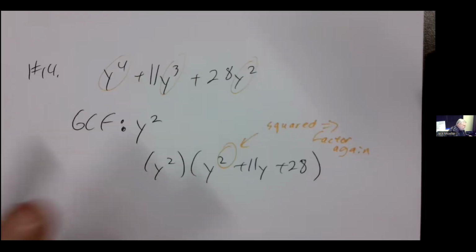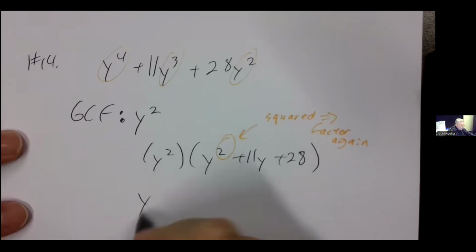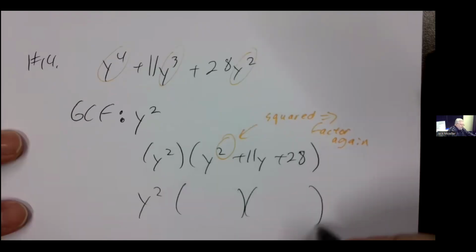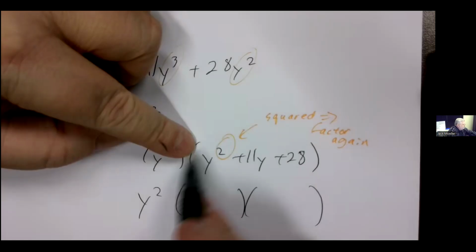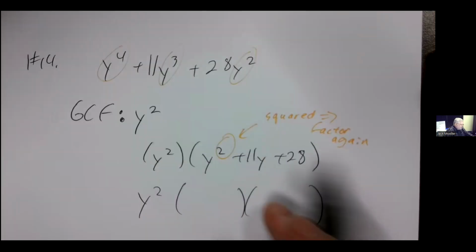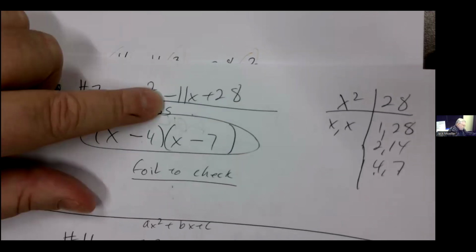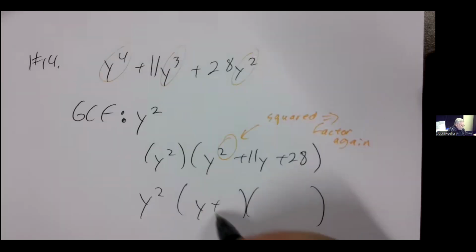What you're going to have to do is, now that's a trinomial, so go off to the side and factor that. That one looks a lot like number 7, except now it's plus. And so since everything's plus, I know it's going to be y plus something, y plus something. And since we've already done this, 28, that's going to be 4 and 7.